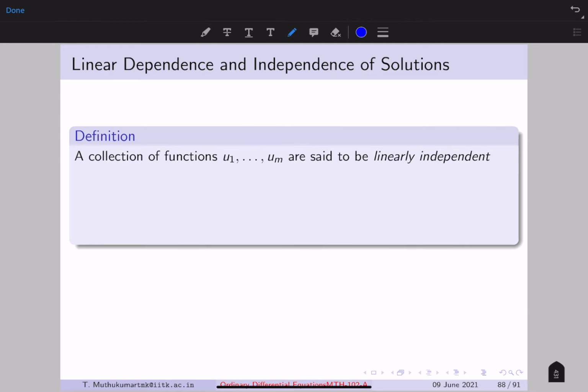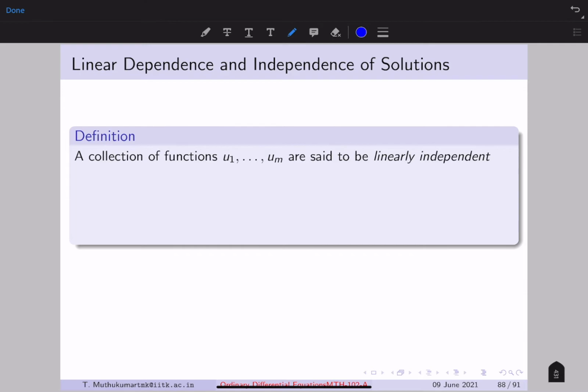As we have already seen, the linear combinations of the functions in the null space are also in the null space, right? So once we have this notion of linear combination, we can also introduce the notion of linear dependence and linear independence of a set of solutions. Okay, so what do we mean by linearly dependent and independent for functions?